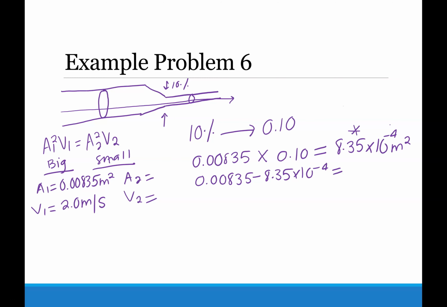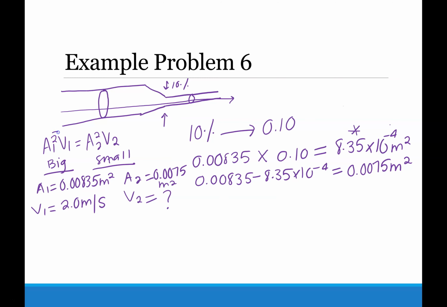So in your calculators, 0.00835 minus 8.35 E to the minus 4 is 0.0075 meters squared. So that is going to be our second area, 0.0075 meters squared. And so now we have everything that we need to calculate that last velocity.